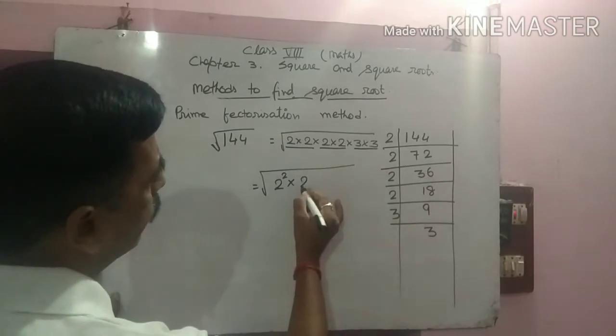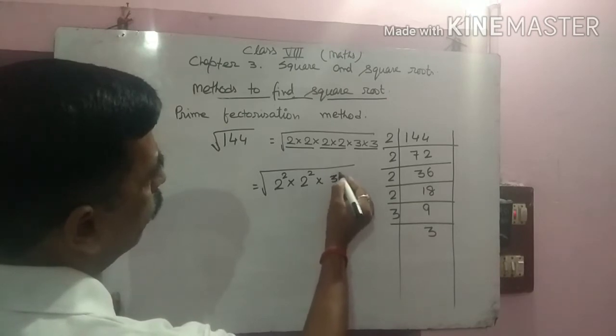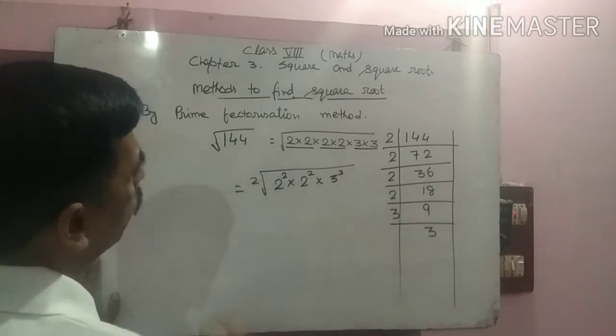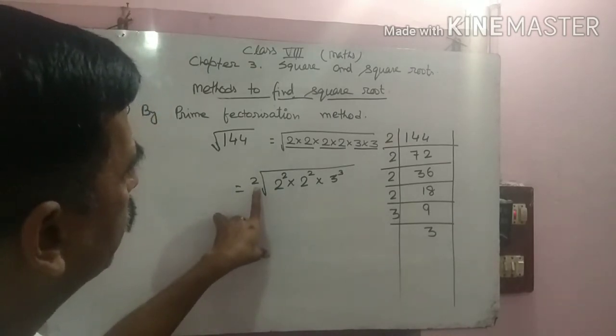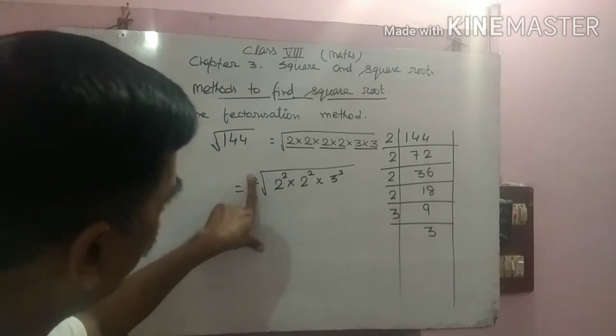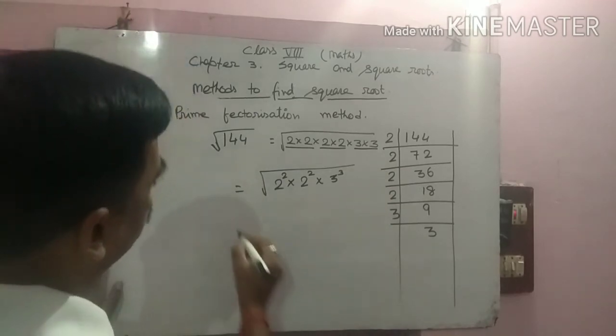So we can write 2 to the power 2, 2 to the power 2 and 3 to the power 2. Actually we are omitting the index 2 for the root here, but there is a 2 for the root also. If you want to write it, you can; it is not necessary.